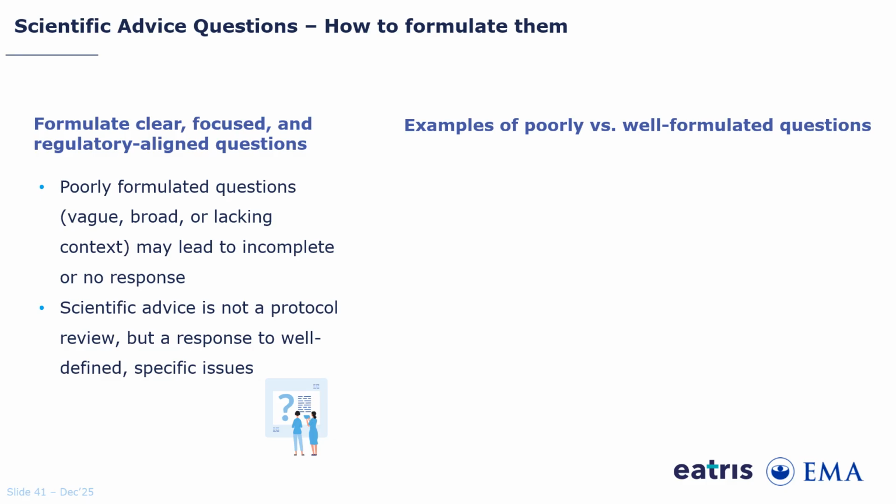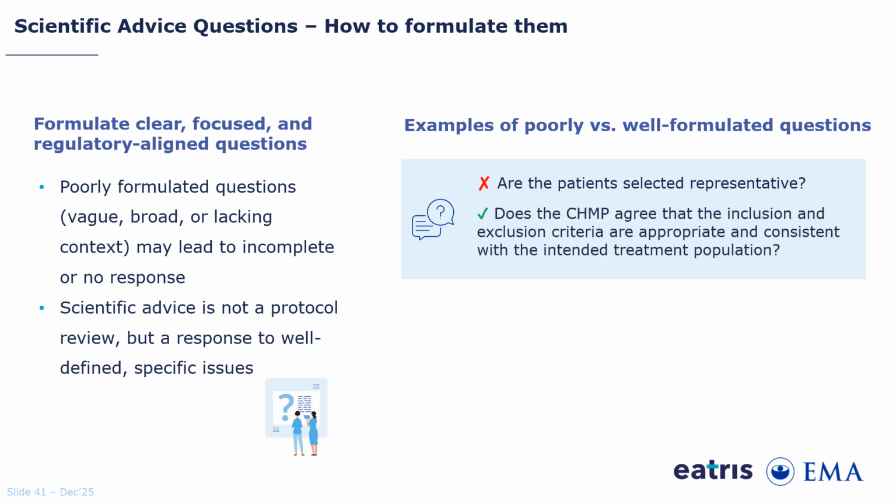For example, are the patients selected representative? This question is too unclear, it lacks context and does not specify which criteria or population. Better is to formulate it as, does the CHMP agree that the inclusion and exclusion criteria are appropriate and consistent with the intended treatment population?